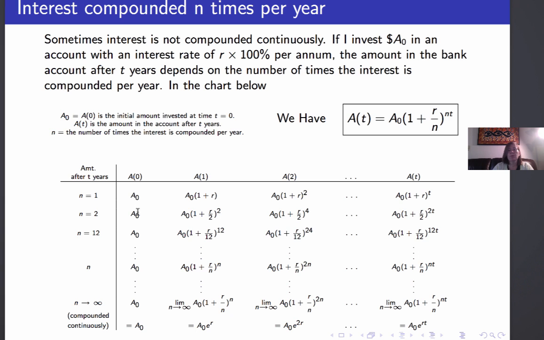So for example, if n is 2, that is the number of times the interest is compounded, and I invest A0, then at the end of 6 months, I will have A0 plus r over 2 times A0 dollars in the account.